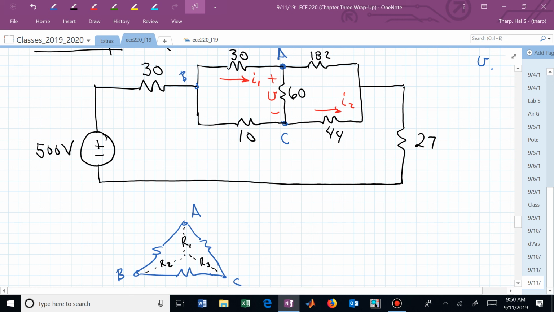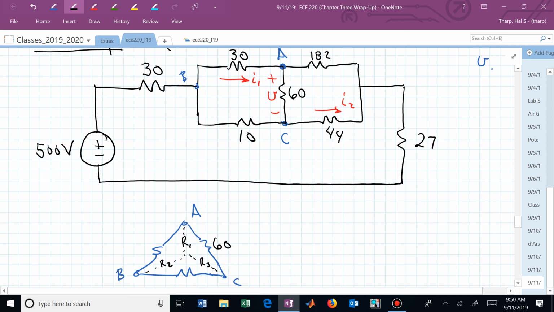Now this 60 here is going to go away, and we remove that bridge from our network. And now we can start simplifying that resistor combination. I would probably just redraw that ABC into the Y configuration.